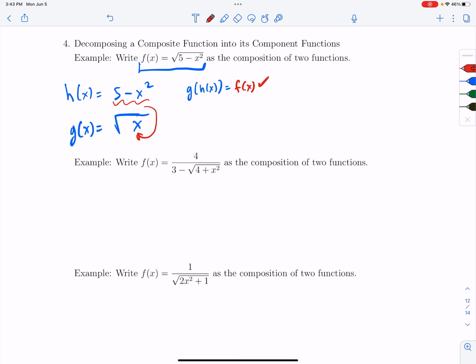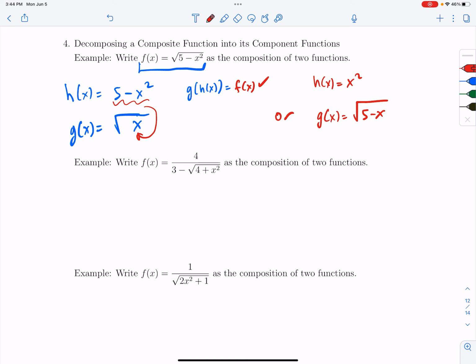Another way of doing this one is, let's say h of x is equal to x squared, and g of x would be the square root of 5 minus x.